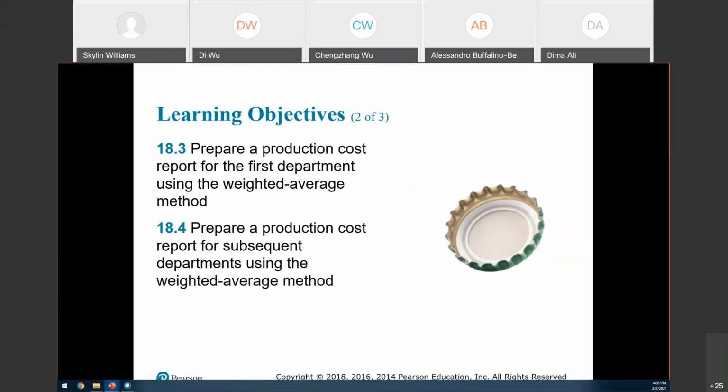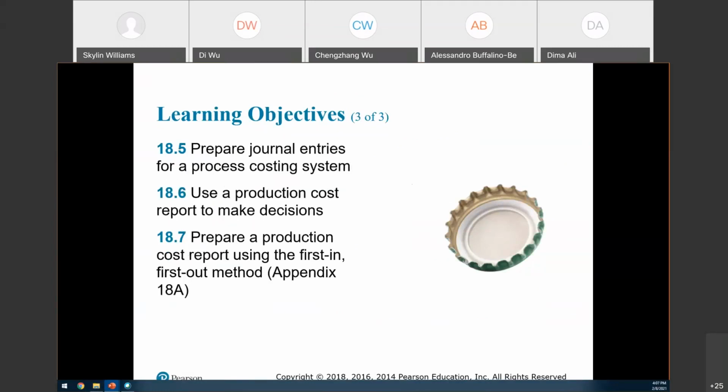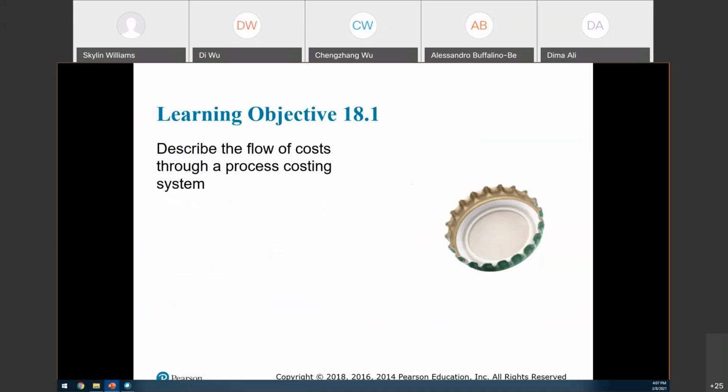And you need to know how to prepare the production cost report for the subsequent departments, both using the weighted average method. You need to know how to prepare the journal entries for process costing. And lastly, how to use a production cost report to make decisions.